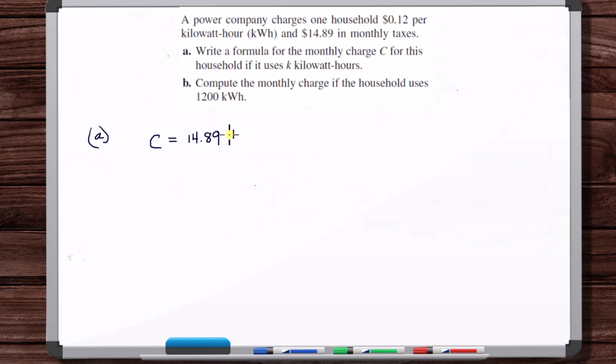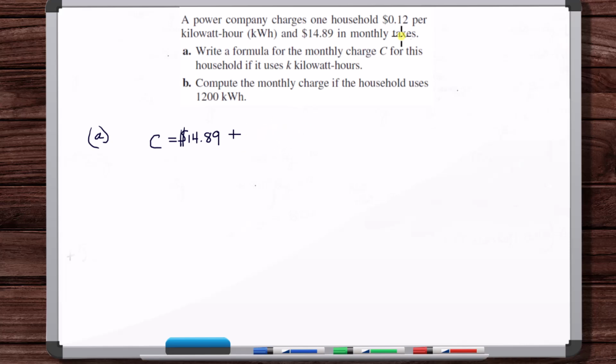Okay, plus the amount based on the number of kilowatt hours used. So this is in dollars, $14.89, plus, now we need another value of dollars here.